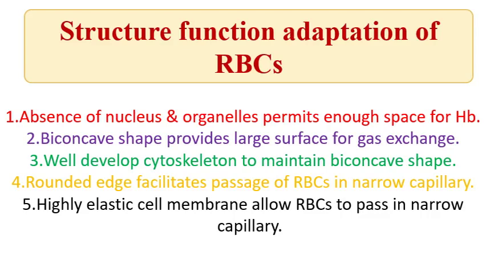Cytoskeleton means spectrin and actin. Any abnormality of them leads to poikilocytosis. The round edge facilitates the passage of the RBCs, and the highly elastic cell membrane allows it to pass in the narrow capillary. So the elasticity of RBCs allows it to pass in the first place, and the rounded edge facilitates this passage in the narrow capillaries. Okay?